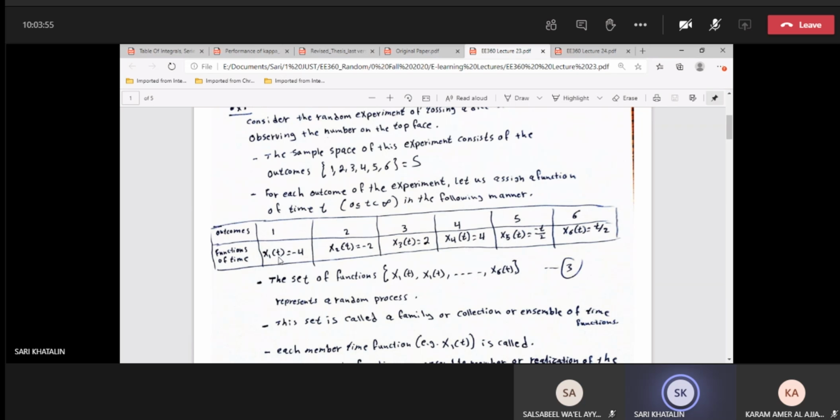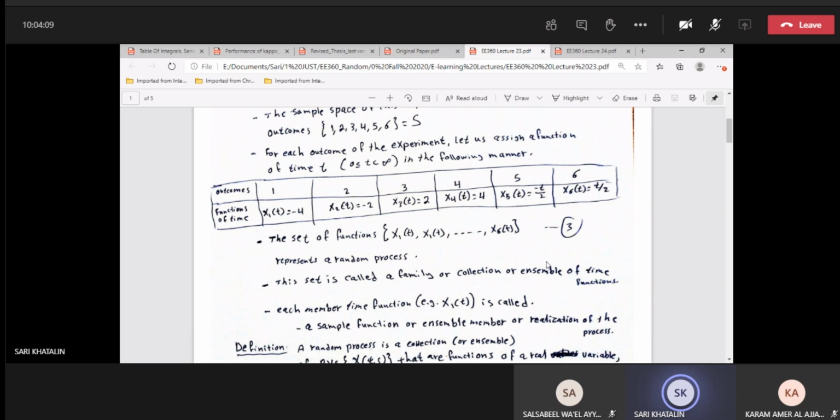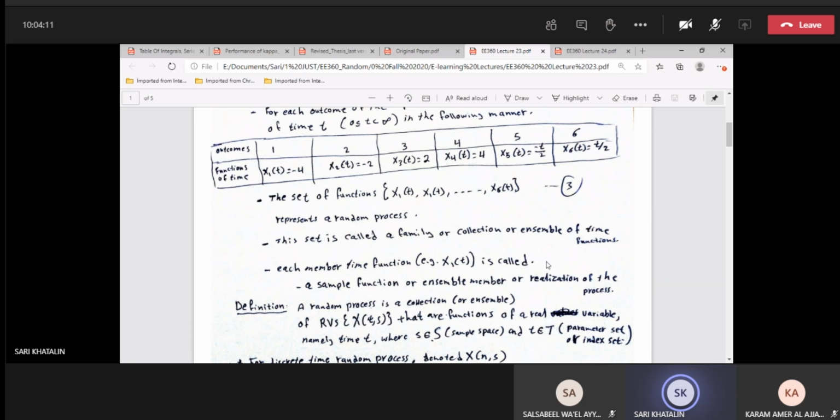Now this set here, the set of functions from x1, x2, 3, 4, 5, 6, as you can see here, this set of functions is called a random process, okay, as shown in equation 3. And this set is also called a family or collection or ensemble of time functions, okay? So in the book, you might see some books actually call it the family of time functions or a collection or ensemble.